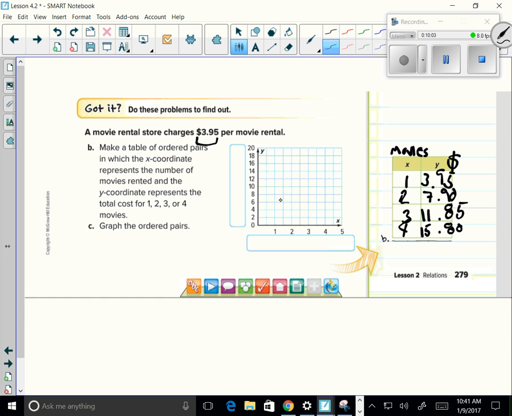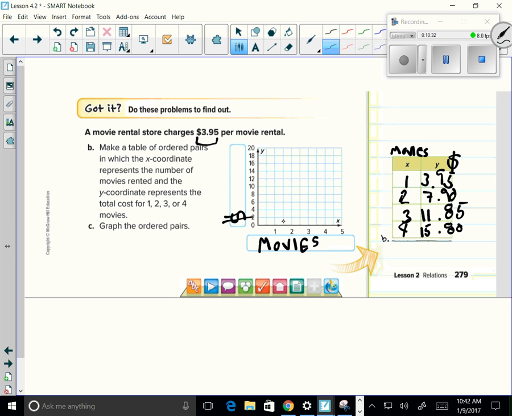So I know that my x's, I already have these labeled right here. These are the number of movies. And then over here I'm just going to put the dollar sign. That way we know. So I have 1 and then 3.95. So this is not going to be the most accurate graph, I guess, because we do have these ugly decimals, but I can estimate.